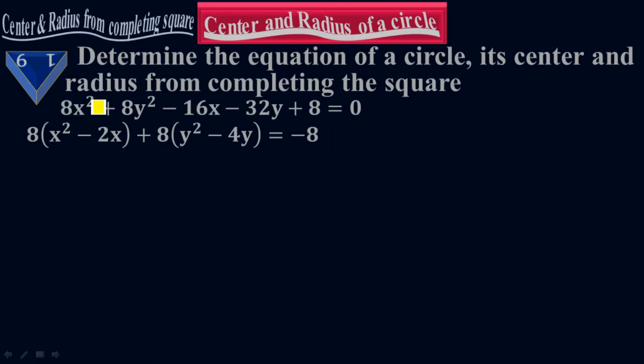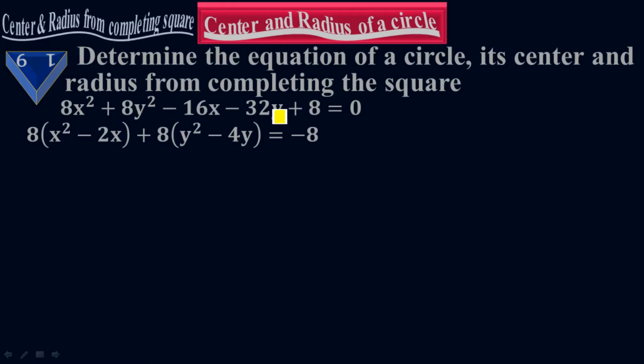When you look at 8x squared minus 16x, 8 is common, so take 8 common. So when you take 8 common, I will be left with x squared here, and I will be left with negative 2x, because 8 times negative 2 will be negative 16. Similarly, can I take 8 common from 8y squared and from 32y?